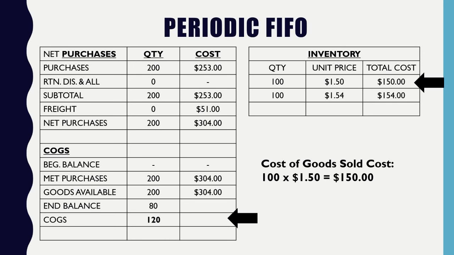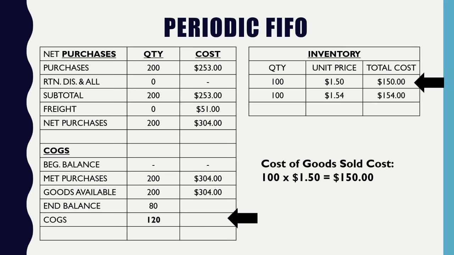Okay? So by understanding that we're going to cost it by removing one batch or selling each batch, we see that the first batch is only 100 items, but we sold a total of 120 items. So at least the first 100 can be covered by this entire amount right here. Since we're getting rid of the entire batch, you don't need to do a cost per item.